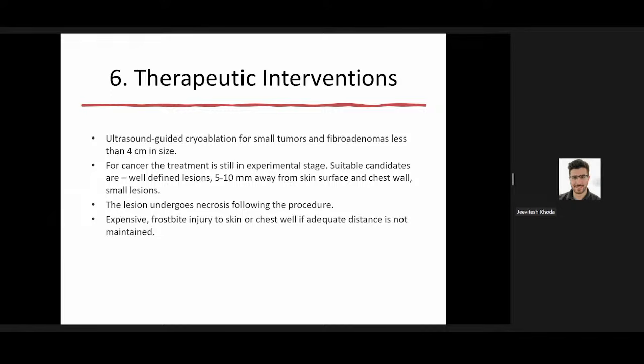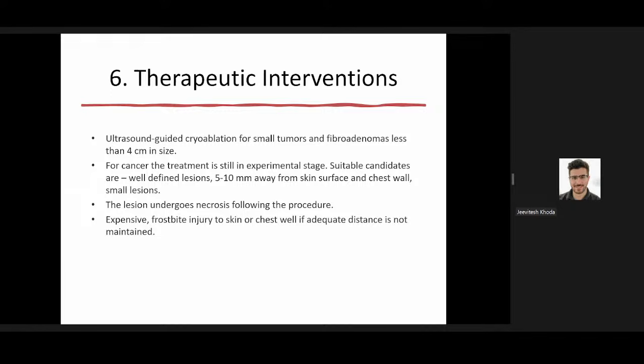Ideally it should be 5 to 10 millimeters away from the skin surface and chest wall, because you might cause frostbite injuries to these areas, and it can be difficult to heal then. And as mentioned earlier, the lesions eventually undergo necrosis due to freezing.